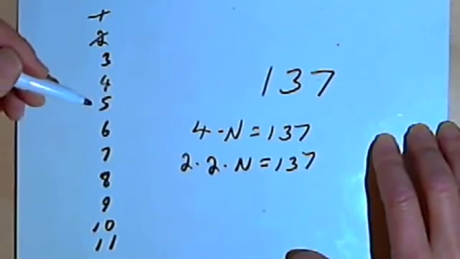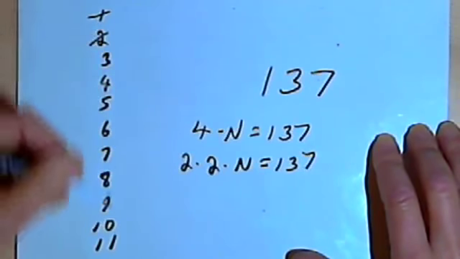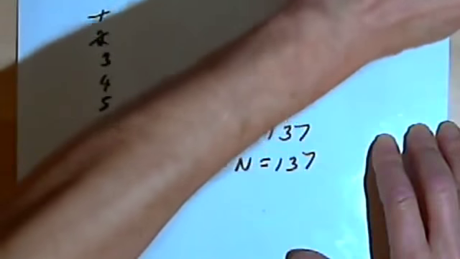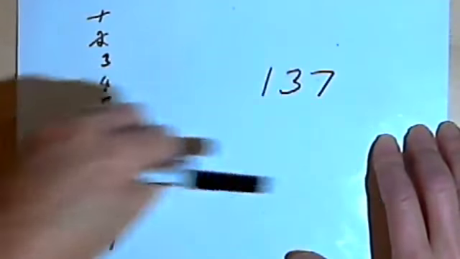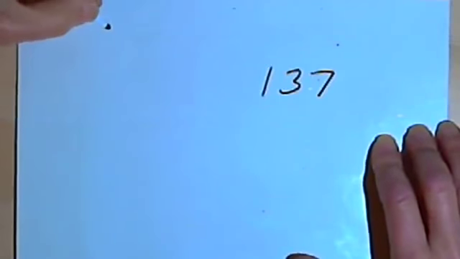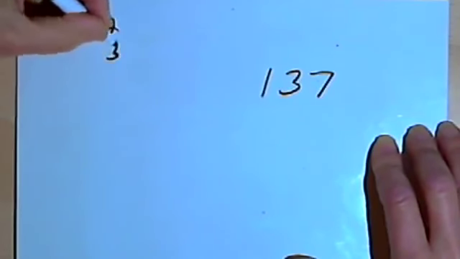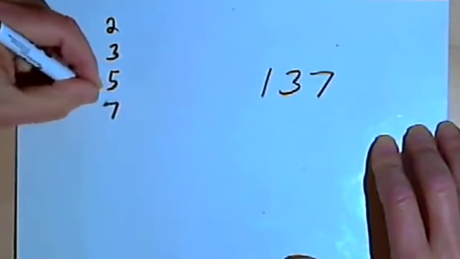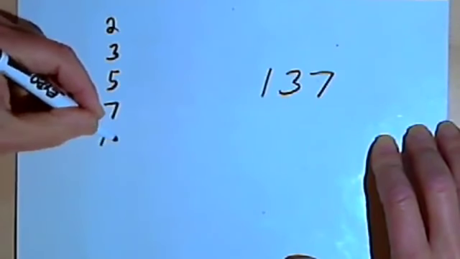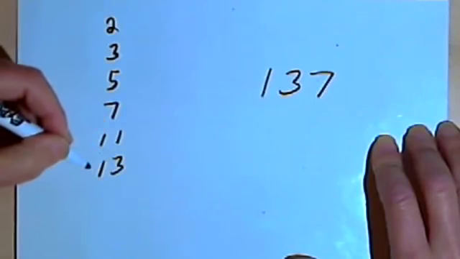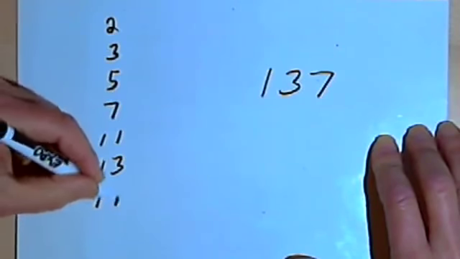In this way, you can rule out all of the composite numbers in your list. So let's write this list again with nothing but prime numbers. So now I'm just going to have to check 2, 3, 5, 7, 11, maybe 13, maybe 17.